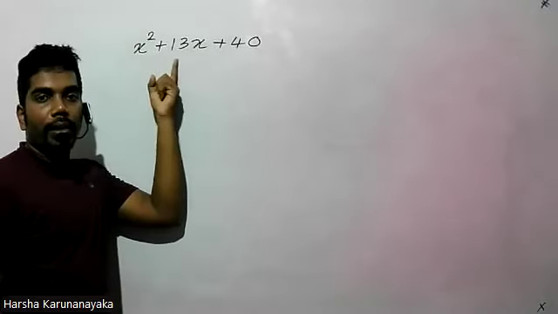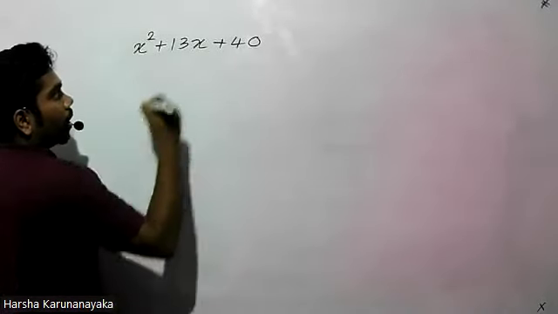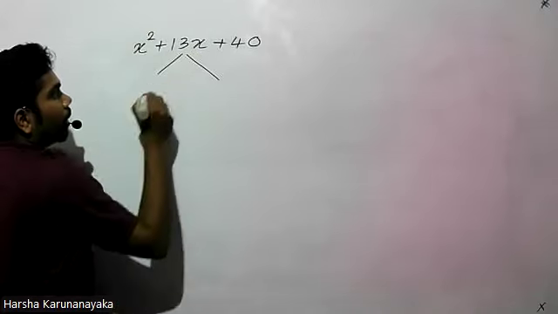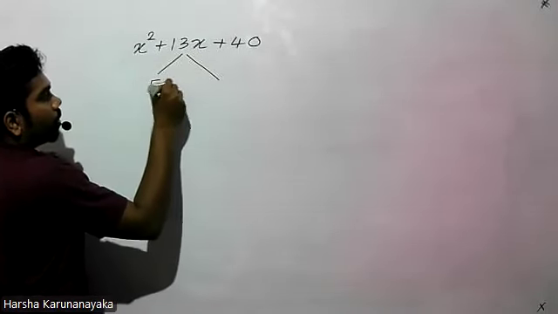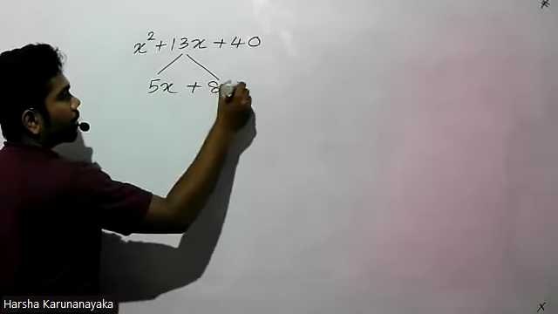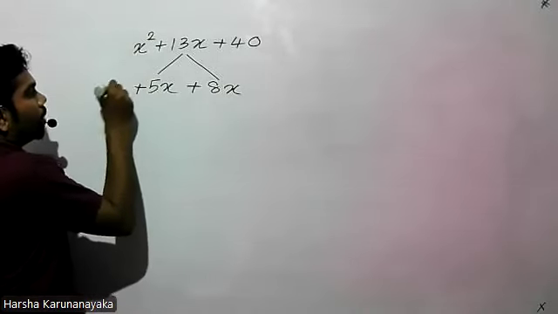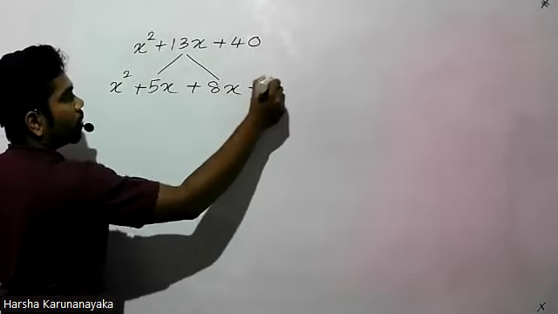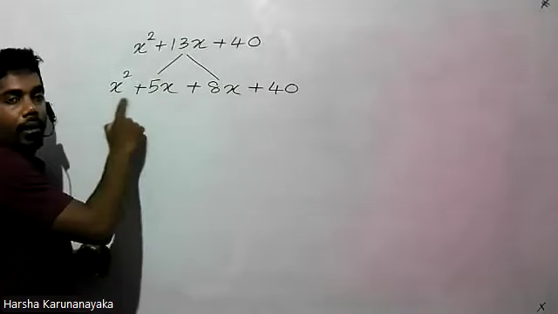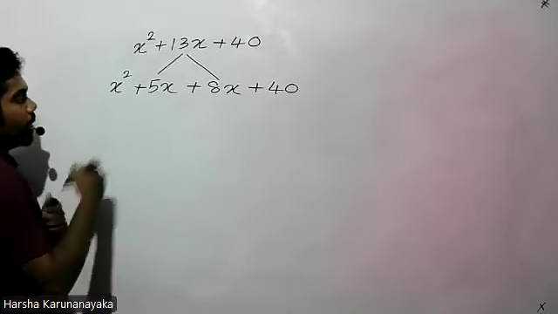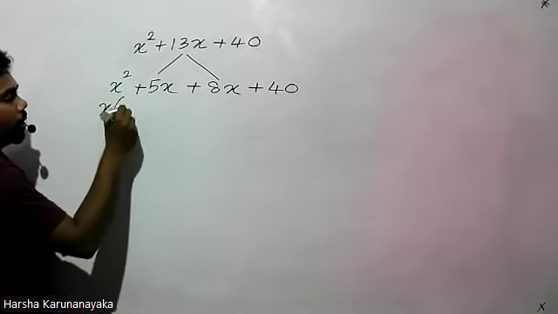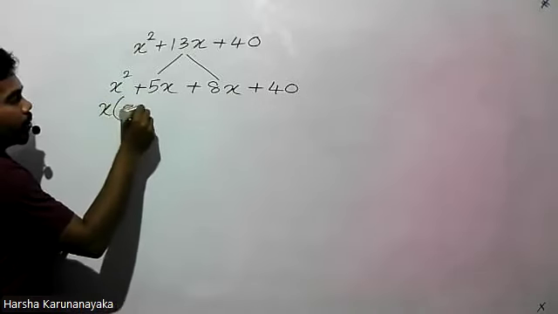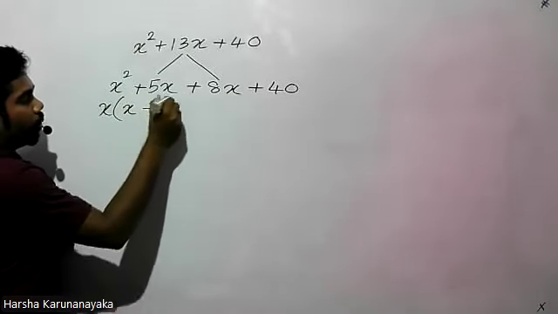Now we can separate this coefficient of x into two parts like that: 5x plus 8x. x squared plus 13x plus 40. Comparing these two, x is the common term. Then x into x squared, x into 5, 5x.